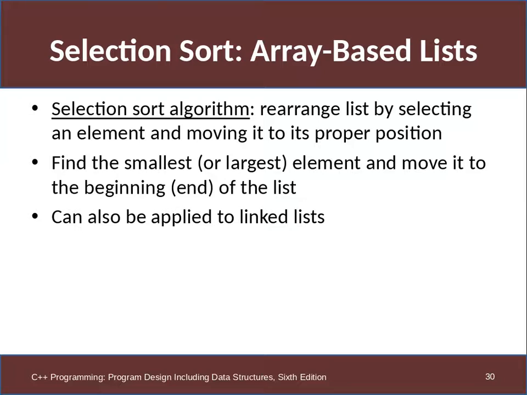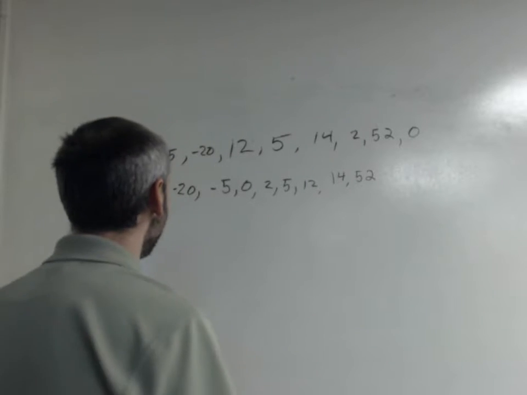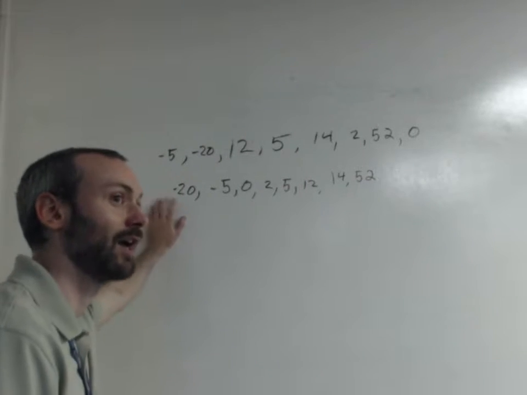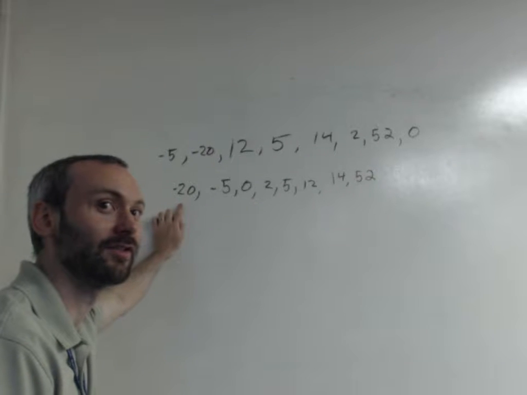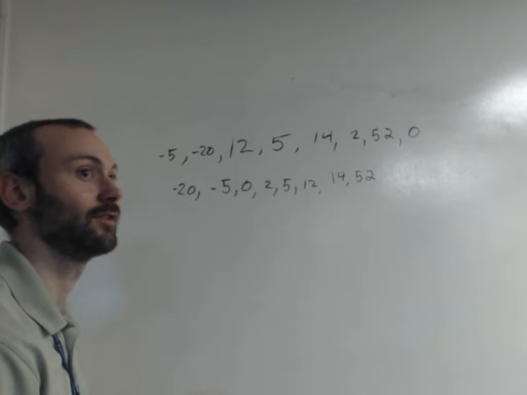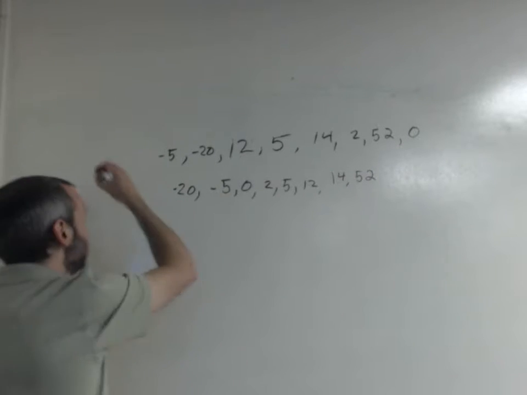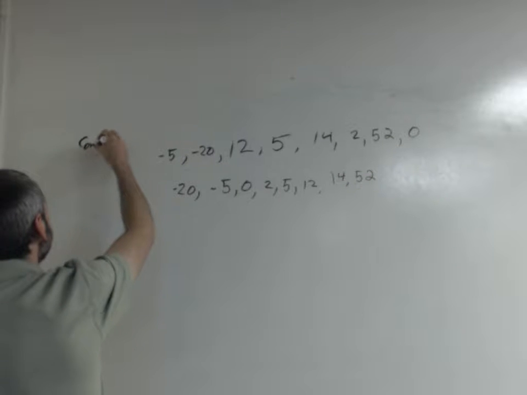Anyways. All right, so let's go back because this discussion is going to be interesting and short. What's the big O? How long did it take us to find the first one? Comparisons?